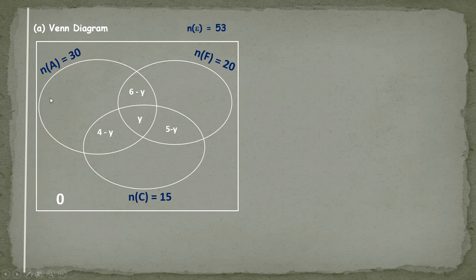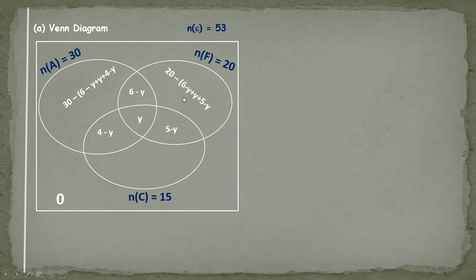Now I can work out number of A only. I can either work it out here, or I can even do it directly here. If I want A only, I will get 30, like we did in the previous example. So I will take 30 minus, open brackets, 6 minus Y plus 4 minus Y, and close brackets.